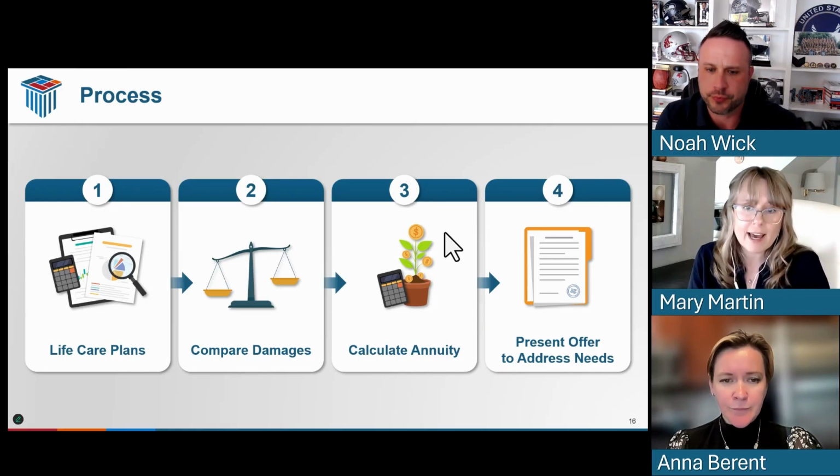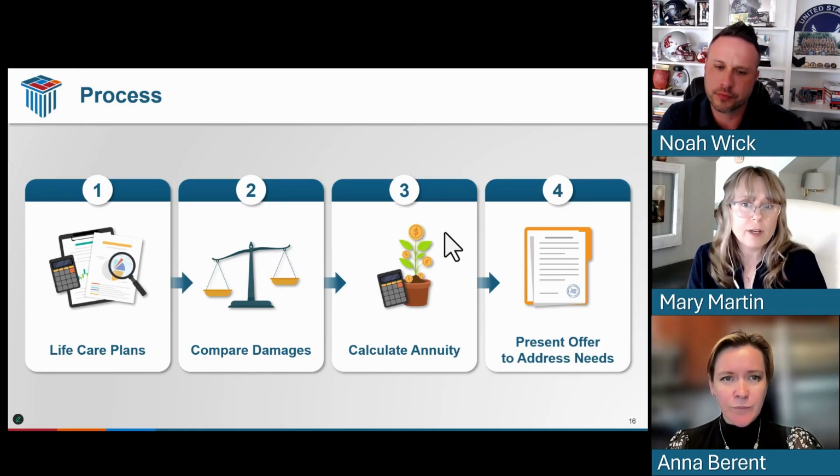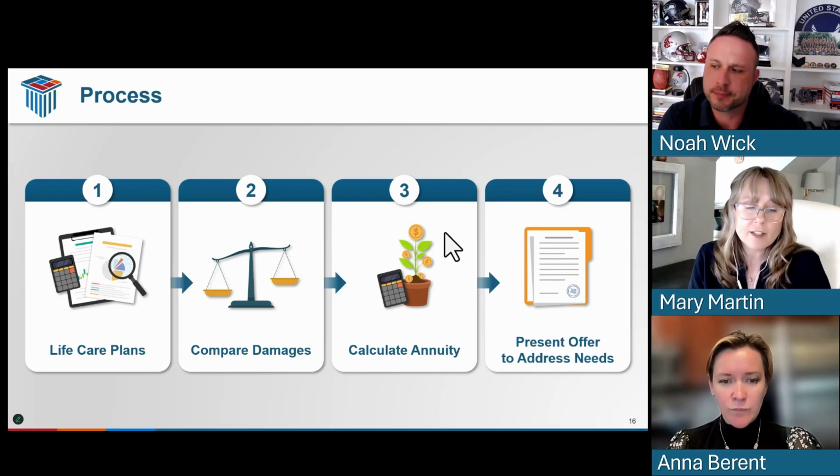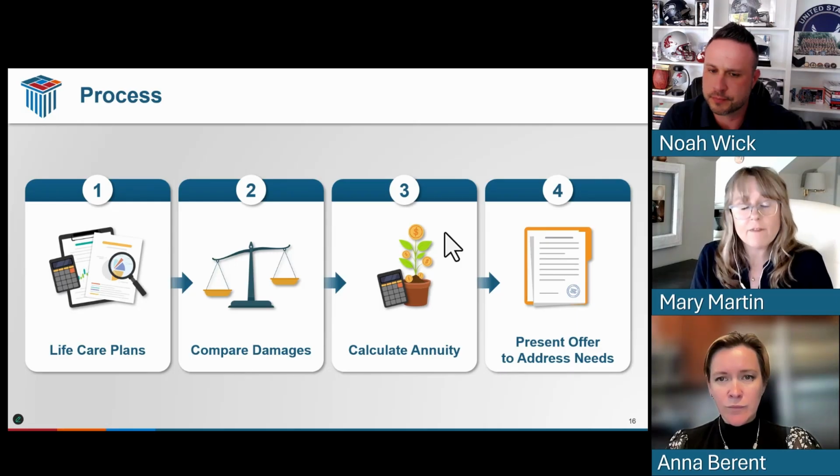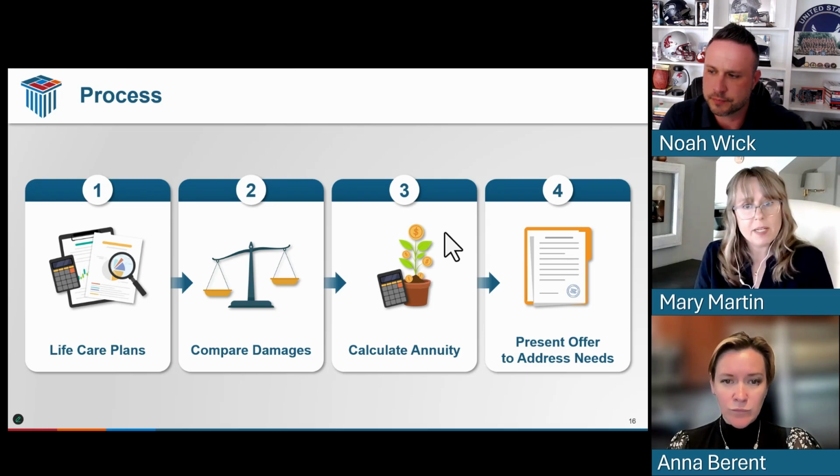What we've got is then turn it into an offer and turn it into something that's going to make an impact. And so how we do that is we compare the specific items that each life care plan calls for and turn those into an annuity benefit. So making payments over time when the need begins.